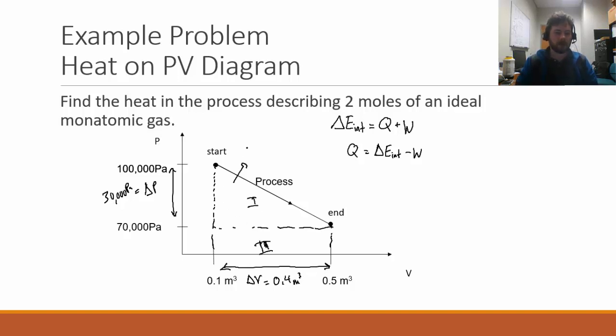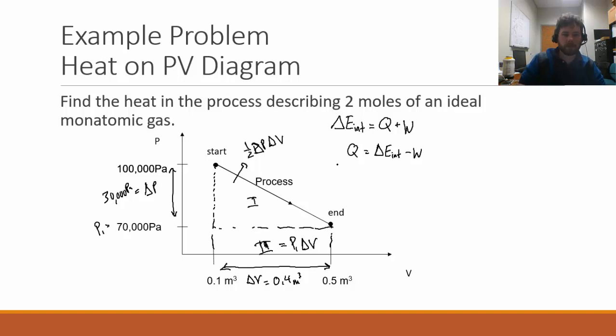Then this part of the area would be 1/2 delta P delta V, width times height. And then this area is just going to be the lowest pressure, I'll call that P1, times delta V. That's the height times the width.